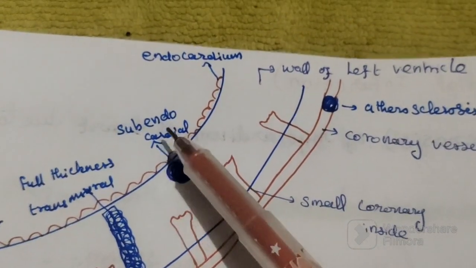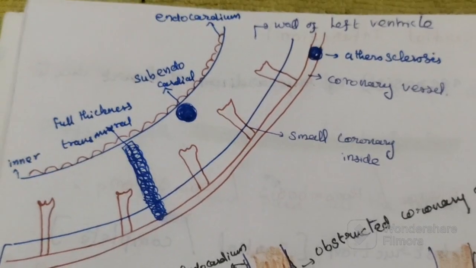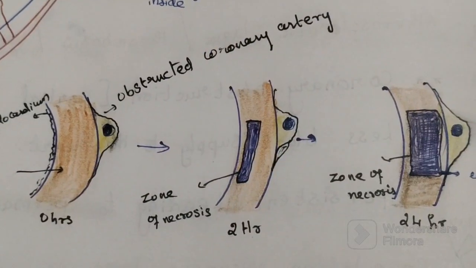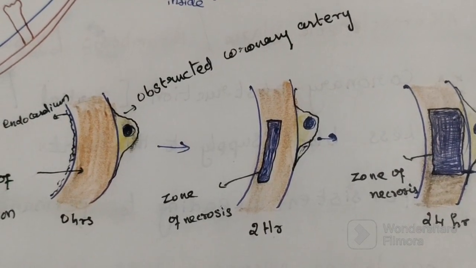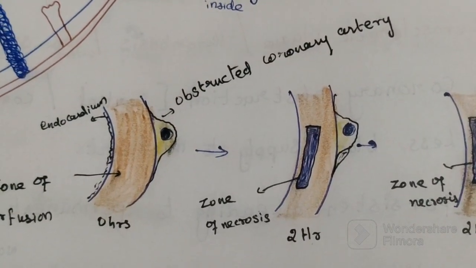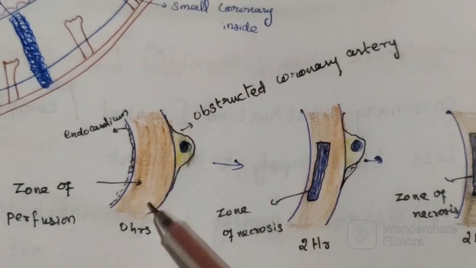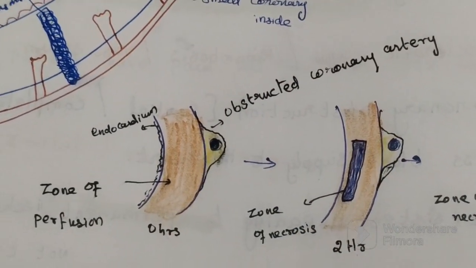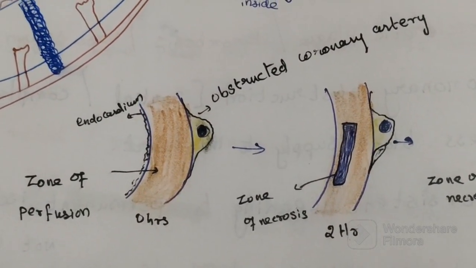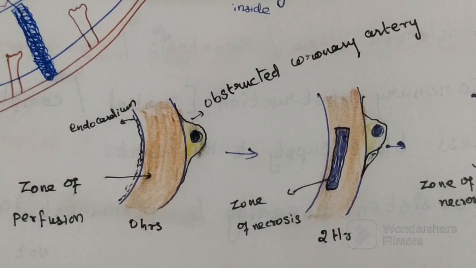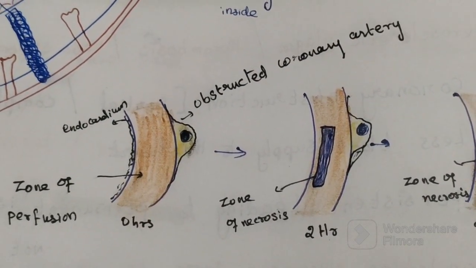This one is subendocardial, partial. The full one is called transmural. You can see three diagrams. See the coronary: currently it is not obstructed. At 0 hours the obstruction has started, and until now there is no infarct.